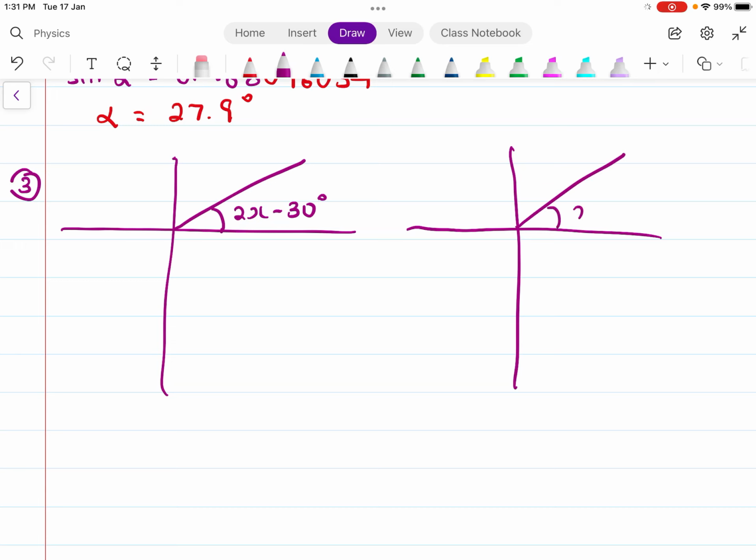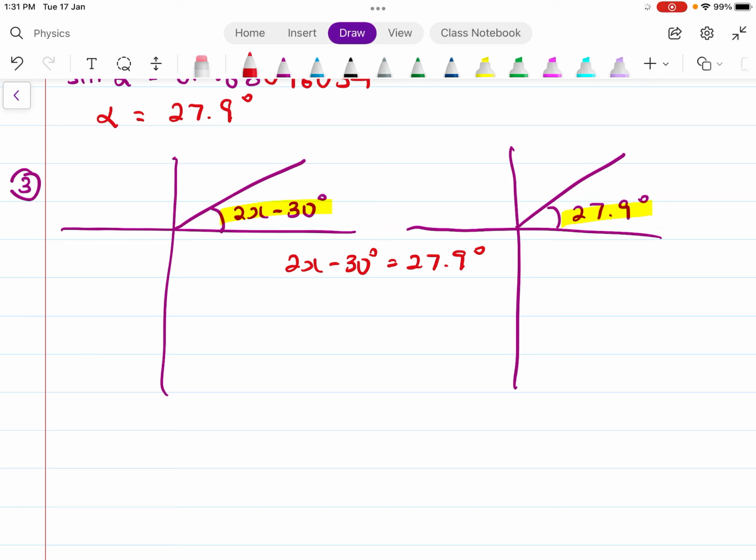27.9 degree. So 2x minus 30 is equal to 27.9. So the first answer comes already. 2x minus 30 degree is equal to 27.9 degree.